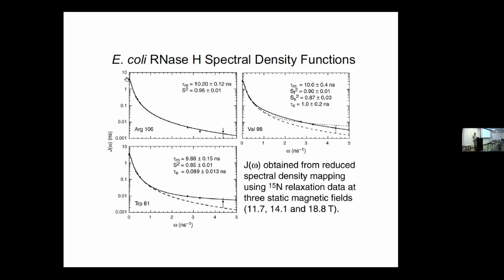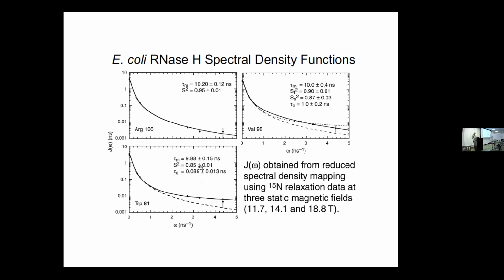So there's one value of J0, there are 3 values of J omega N, 3 values of this effective J omega H. And then for something that's pretty rigid, you fit with a very simple model that just has an order parameter and an overall tumbling time. And the motion is so restricted and the internal time scale is so fast, we don't even see the internal time scale.